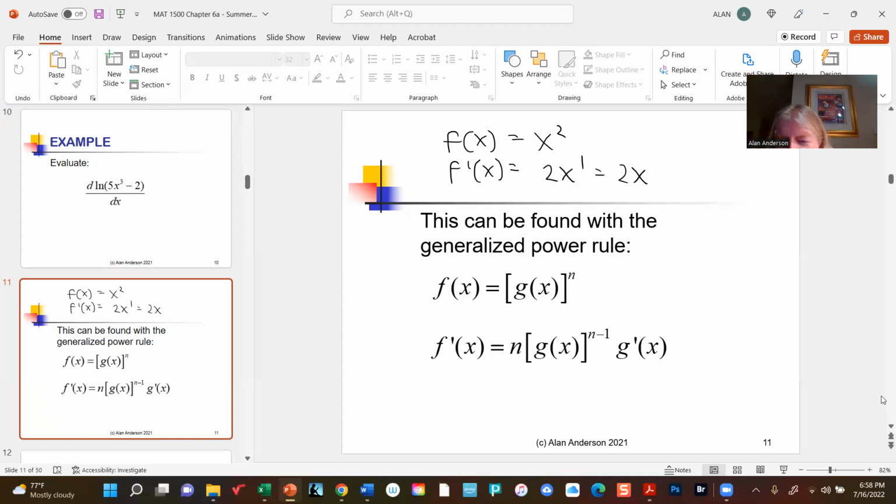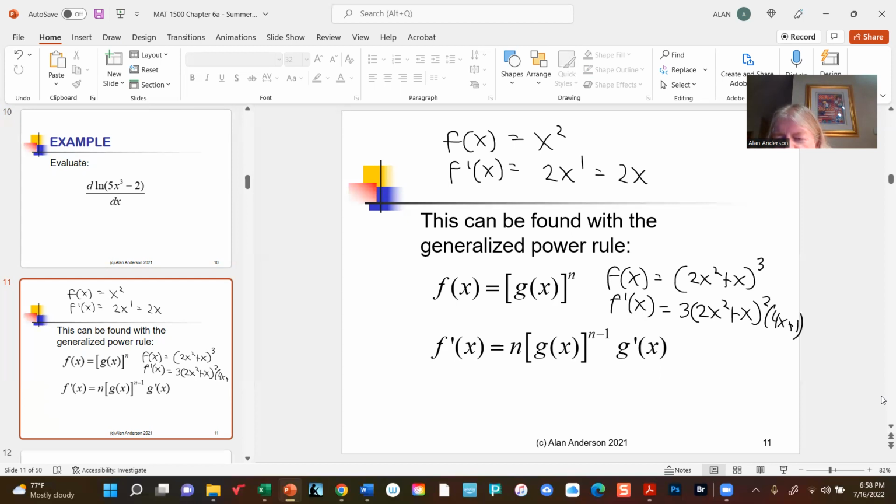But here, if you have, let's say, something like this, when you take the derivative, it's not enough to multiply the whole thing by the exponent and then reduce the exponent by 1. You also need the derivative of what's going on inside these parentheses. In other words, g prime of x.